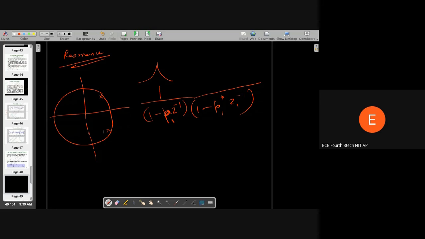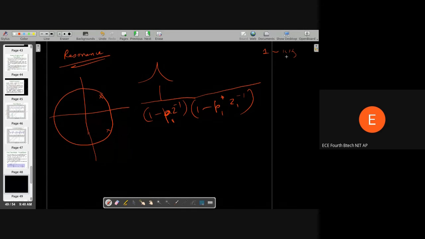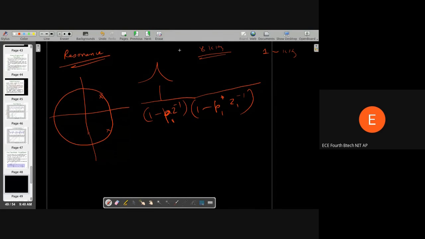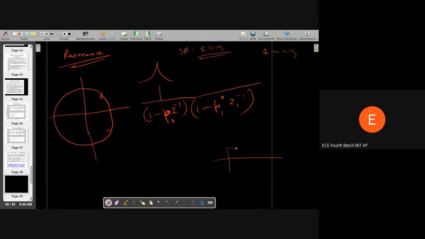Now we saw that there are multiple resonances. Generally, for every 1 kilohertz, there is a resonance found in the speech spectrum. So if I have an 8 kilohertz sampling rate, that means my spectrum maximum is 4 kilohertz.